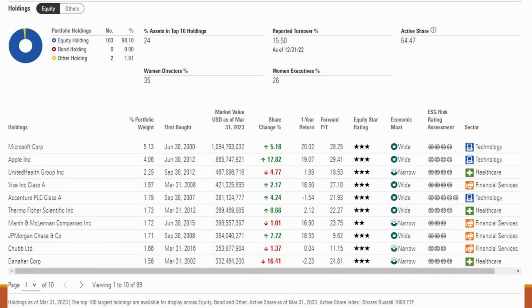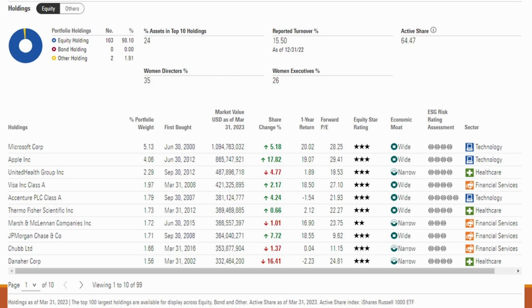If we scroll down further on the page, we can see some other data. In the upper left here, the equity holdings, there are 103 stocks in this portfolio. And we can see below that the percentages in each of those stocks as of the last update. So we see that a little over 5% is in Microsoft, 4% Apple, 2 and change in United Health Group, Visa, Accenture, and Thermo Fisher, and so on.